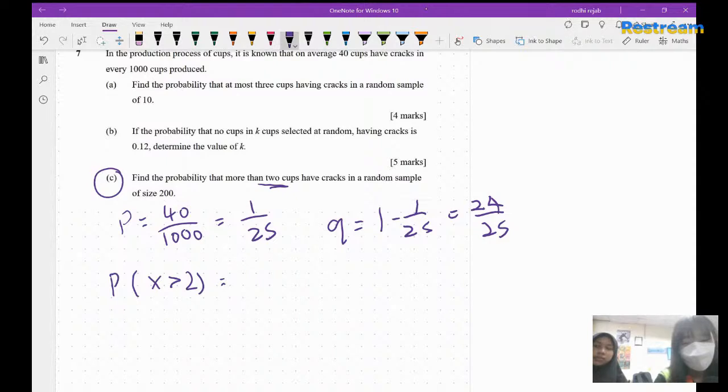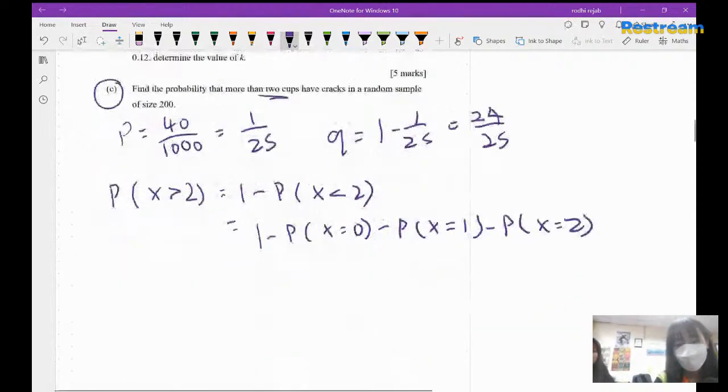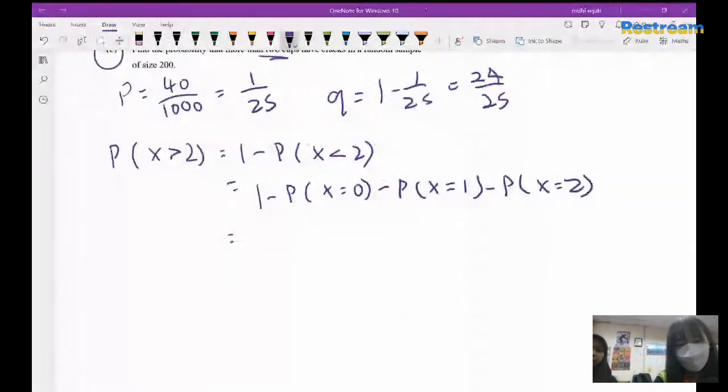We can use the binomial to solve it, which is 1 minus the probability of X smaller than or equal to 2, so X equals 0, 1, and 2. We just use the binomial to solve it.